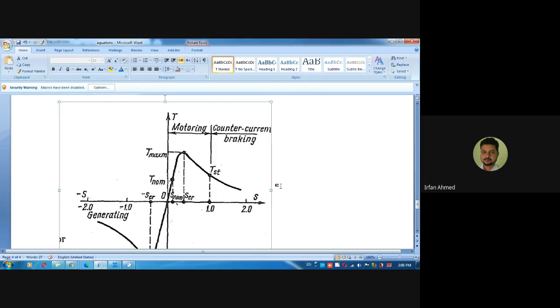As the slip increases, the torque decreases. Okay, so in this way, the torque slip characteristic can be approximately drawn from that equation. For lower values of slip, it is a straight line passing through the origin, and for higher values of slip, it becomes a hyperbolic function.